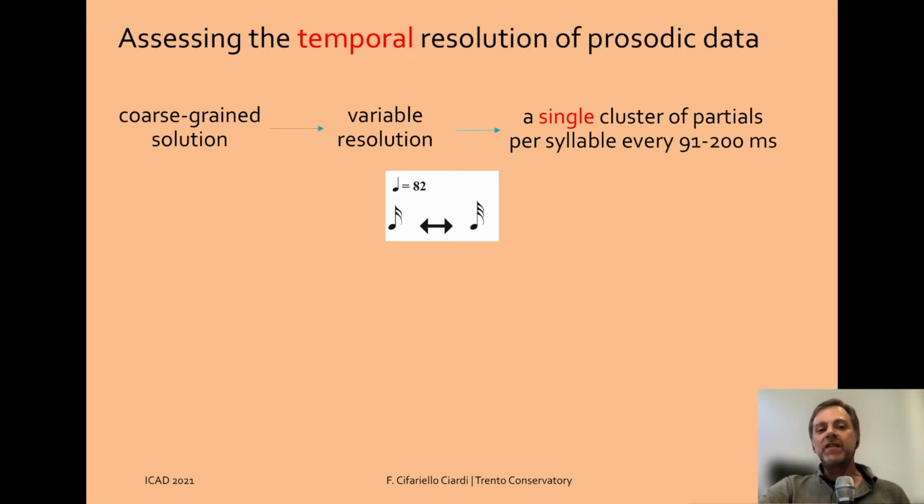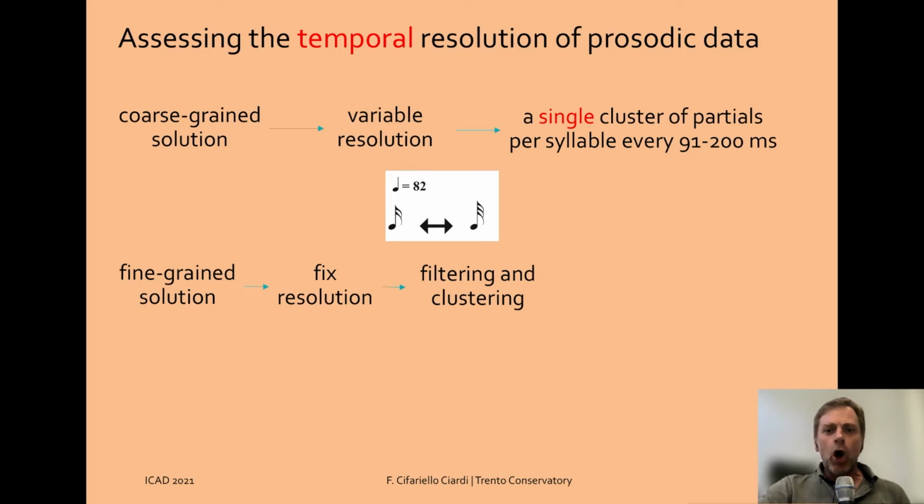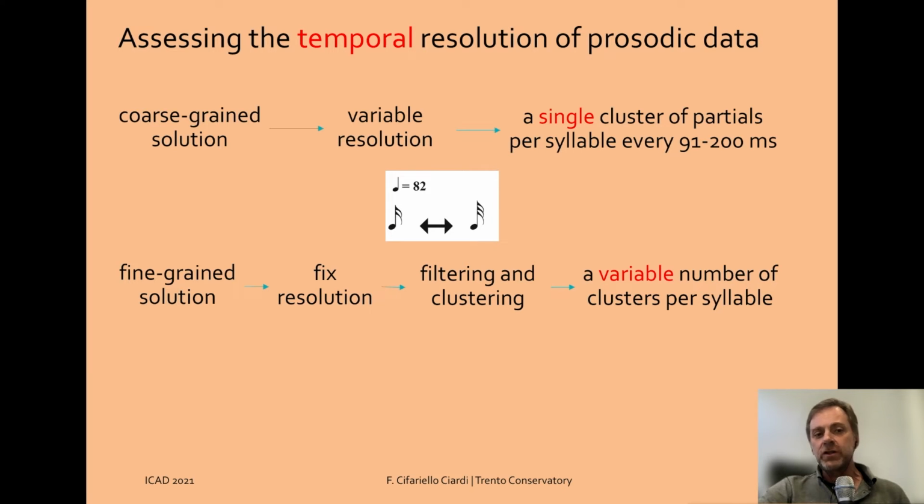The bad news is that this is not enough when prosodic variation within a single phoneme, such as tonal glides in vowels, has to be considered. In this case, resolution has to be initially kept sufficiently high to detect any perceptible prosodic details. Subsequently, the size of the data tree can be progressively reduced by means of different kinds of filters and clustering operations.